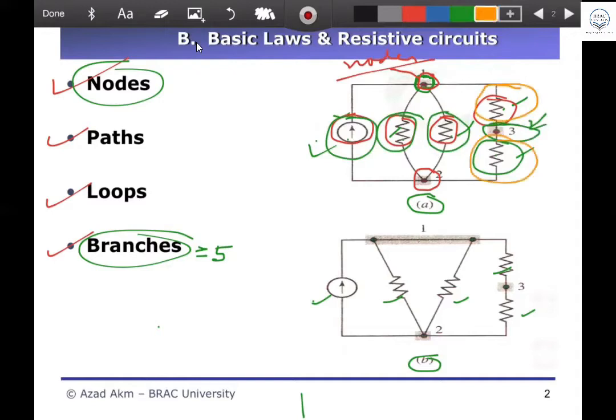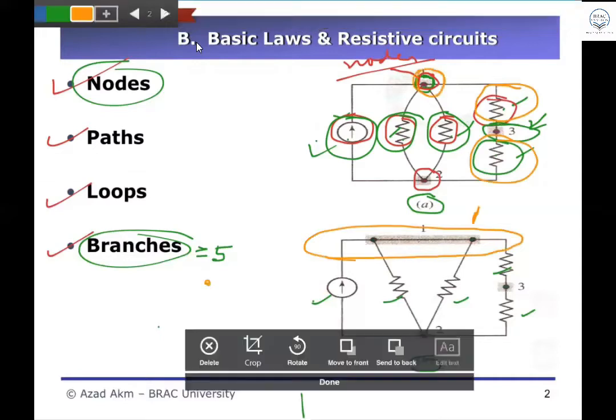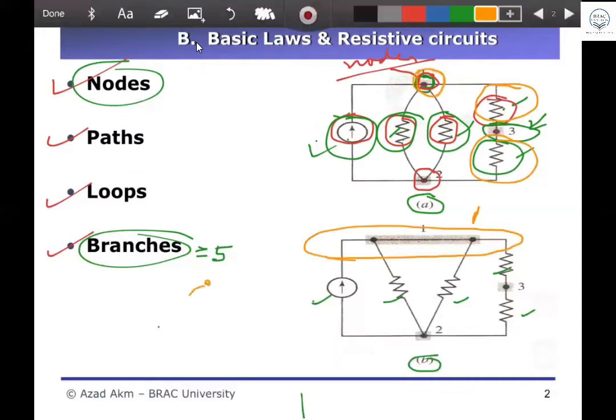So there are altogether 3 nodes in this circuit, and node 1 can be stretched like in figure 2. We can say from here to here is node 1, because you can squeeze them together and get back to this. You can squeeze the resistors into these points also: 1, 2, and this is 3.